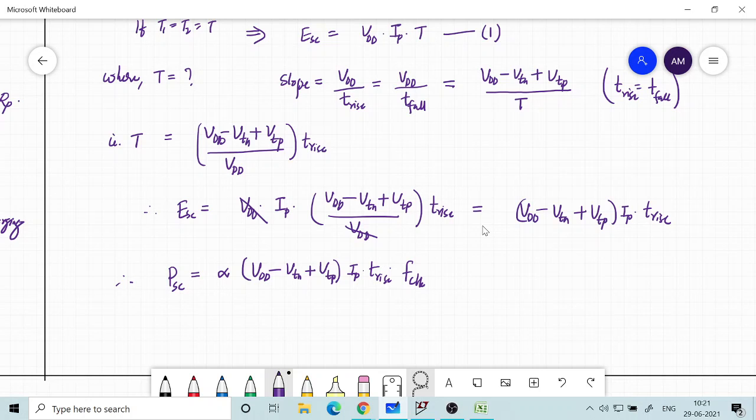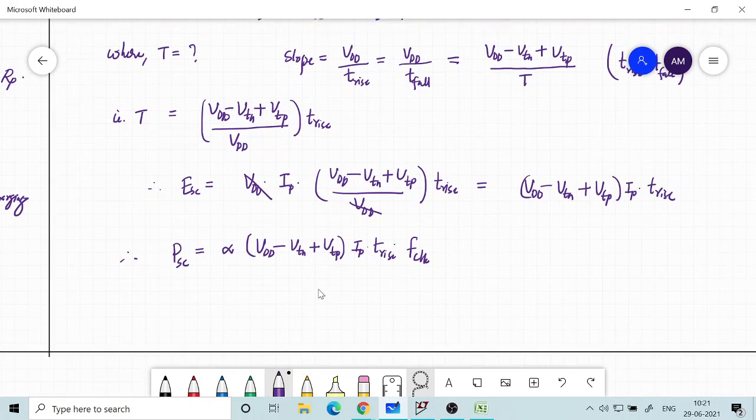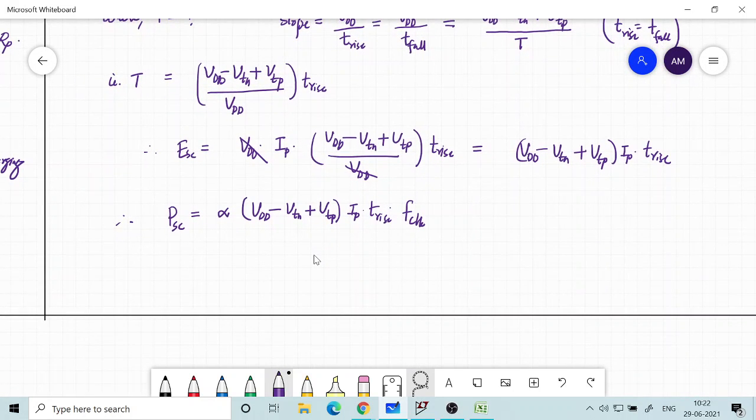Okay, so both of these, dynamic and short circuit power, depend upon the clock frequency and the activity factor. So therefore we can call this the transient power dissipation, because these are happening during the changing of output states.